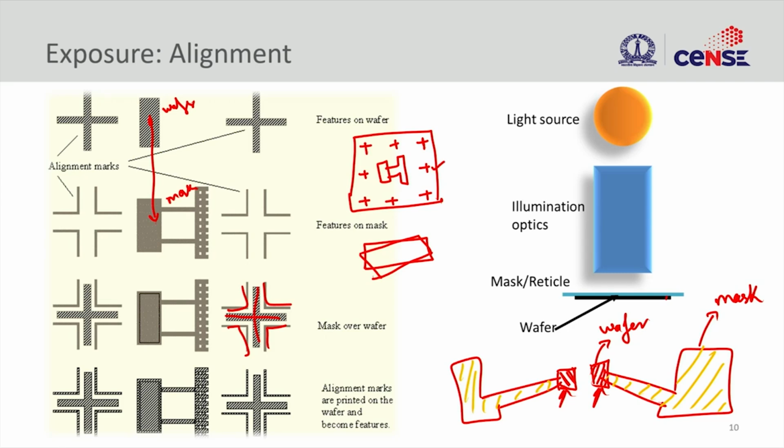That is why having additional markers is desirable to avoid this sort of misalignment. There are a number of alignment strategies, but these are all very simple alignment strategies that one can use if you want to align these features.